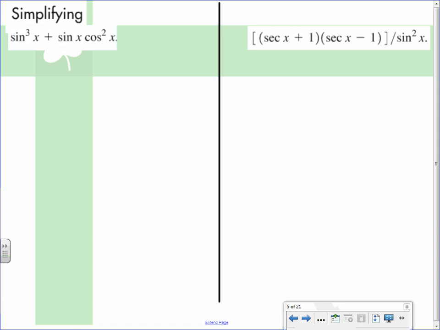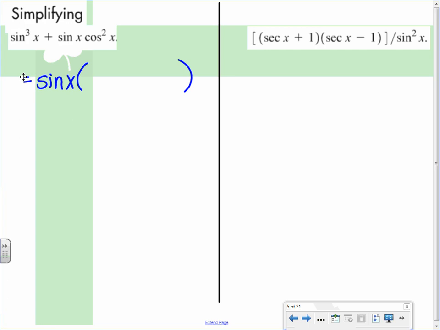Let me give you an example. In this first one, what do these two terms have in common? Sines. One way to simplify an expression is to factor. If they have something in common, I can factor out a common factor. So if I take a sine x out of both of those terms, so we're undistributing it here, what will I be left with?